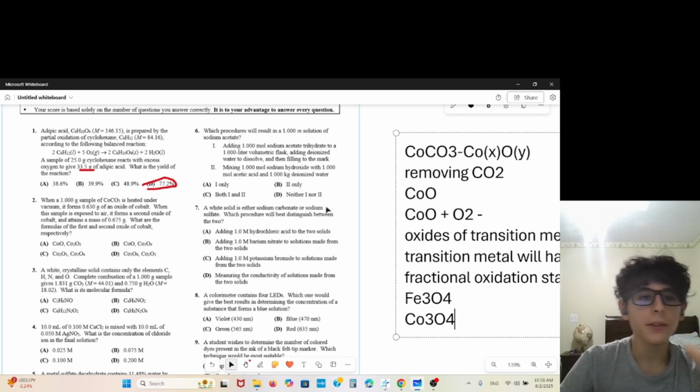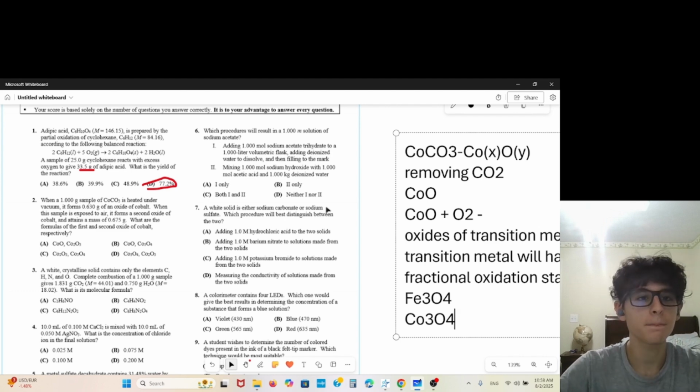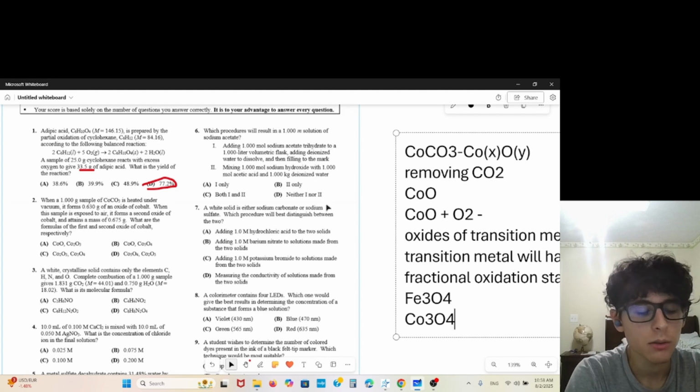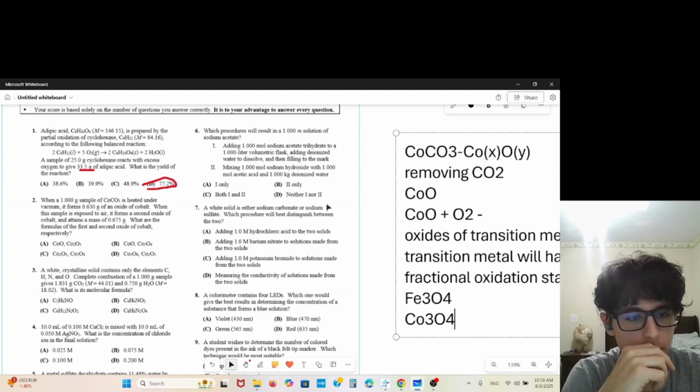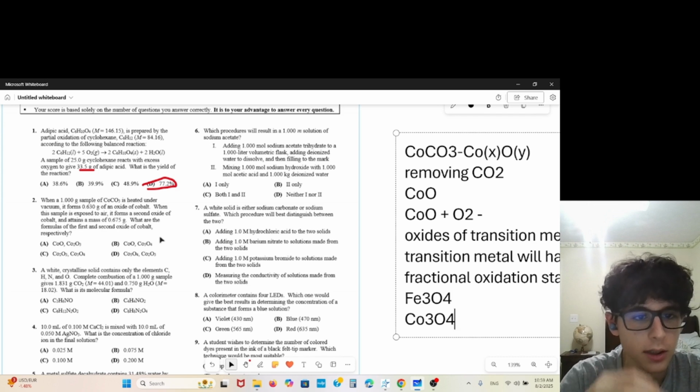Now, if you want to use the math here, you have a 1 gram sample and 0.630 grams of an oxide of cobalt. So you can figure out that the CO2 lost was 0.370 grams.